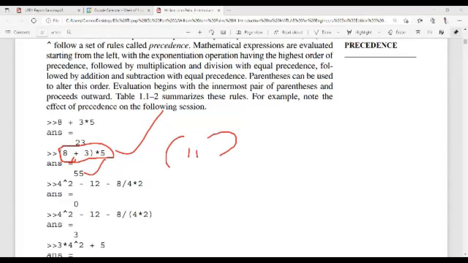Assuming this is 1 plus 3, and this is multiply, and at the end of the bracket, we have maybe 5 here. This means MATLAB will add 1 plus 3 first, and get 4, before multiplying by 5. And that will give us what? 20. So that is what he meant.